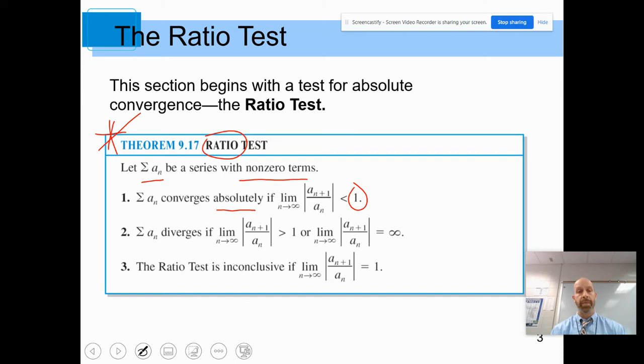If it's greater than 1, or equal to infinity, then it will diverge. And if it is equal to 1, then the test is inconclusive and you cannot use it to conclude if it converges or diverges.